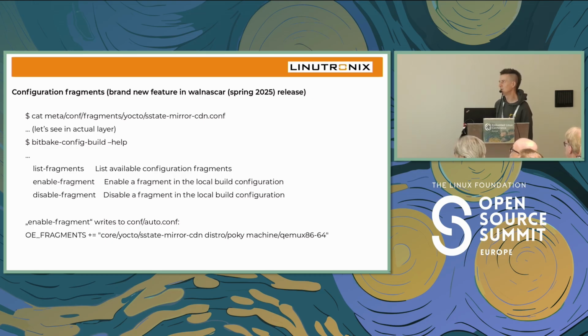So this is already used on the Yocto Auto Builder to set up resource constraints for the Auto Builder, and we will be adding more of those to the core project.